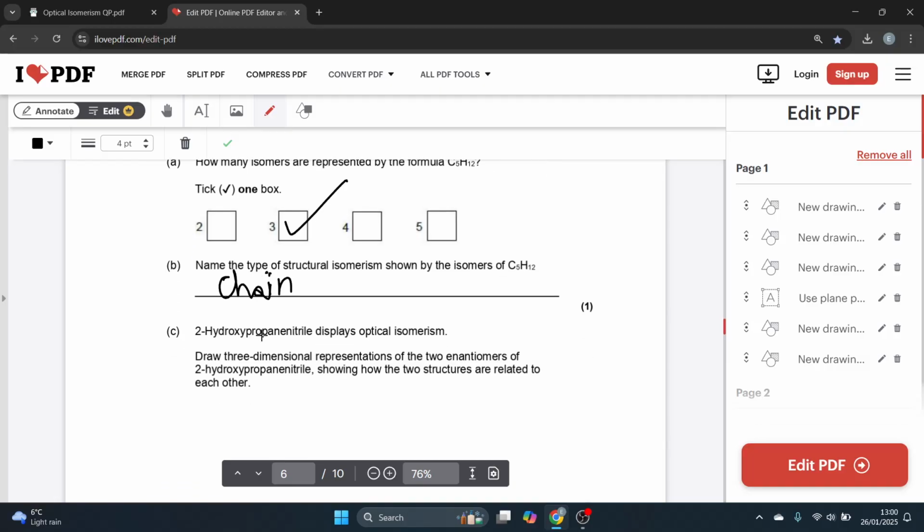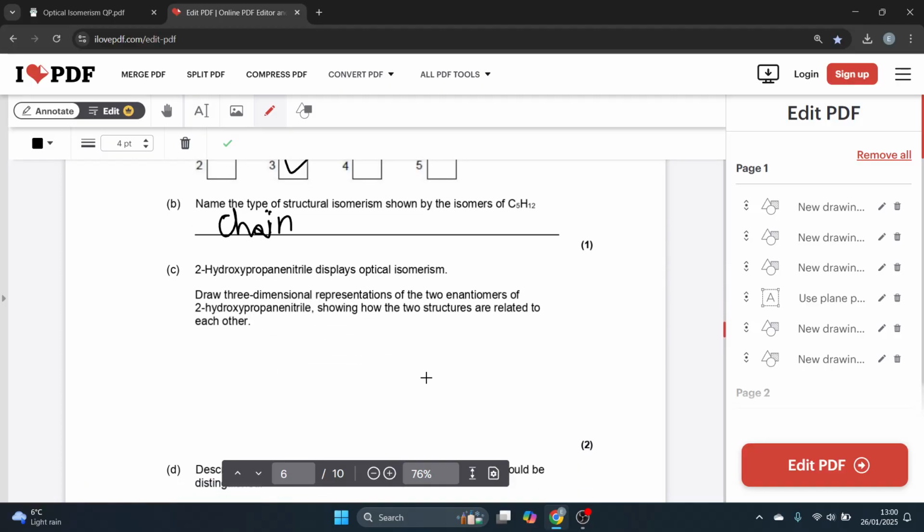Draw a 3-dimensional representation of 2 enantiomers of 2-hydroxypropanenitrile. So I've got a carbon here, I've got an OH group, I've got a CN group, I've also got my hydrogen. I'll put NC here, and then the CN there. I've also got 2-hydroxypropane, so methane, propane, I need a H3C.